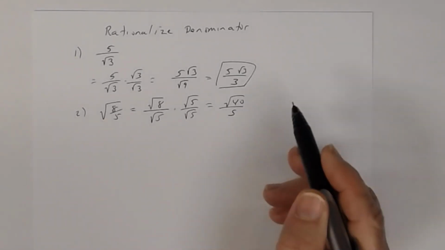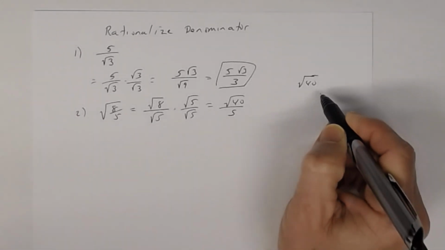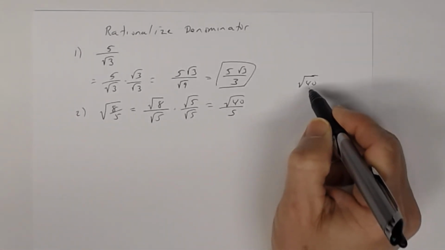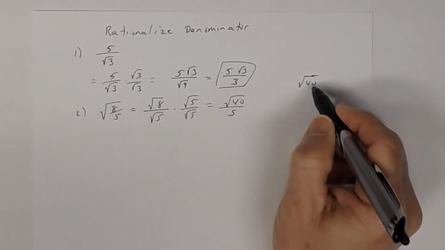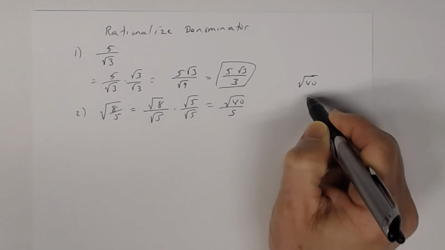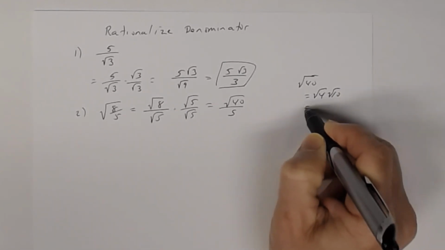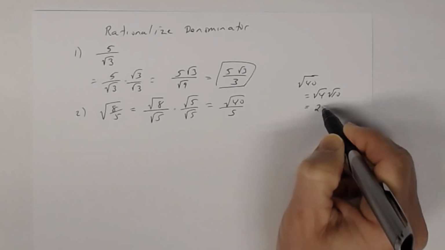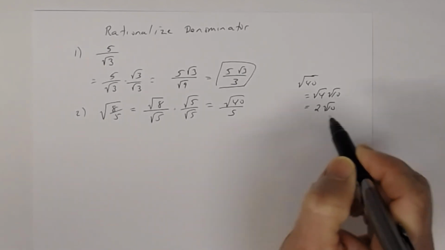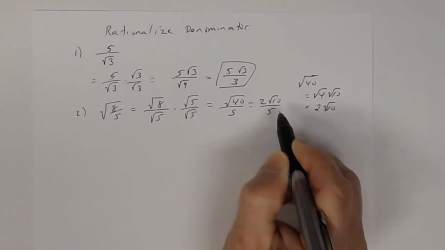So you see the square root of 40? You have to ask yourself, is there a perfect square that goes into 40? And let's use the largest. So if you notice, 4 is the largest perfect square that goes into 40. So I can rewrite this as the square root of 4 times the square root of 10, and the square root of 4 is 2, so you get 2 square root of 10. So that's the numerator, so I get 2 square root of 10 divided by 5.